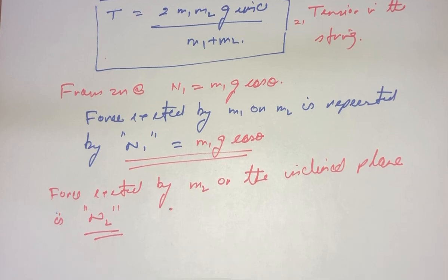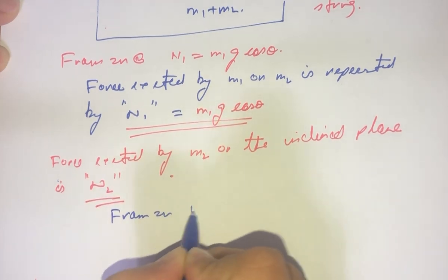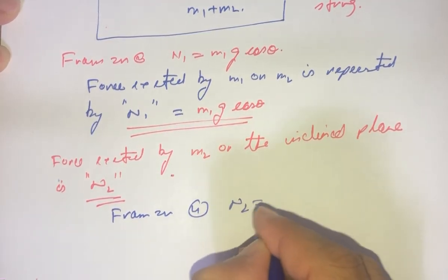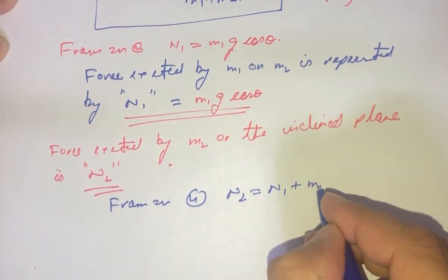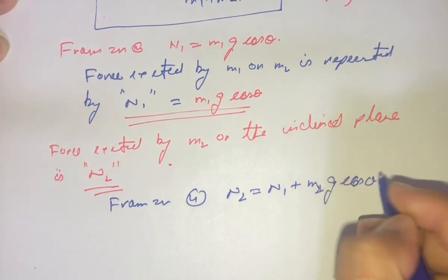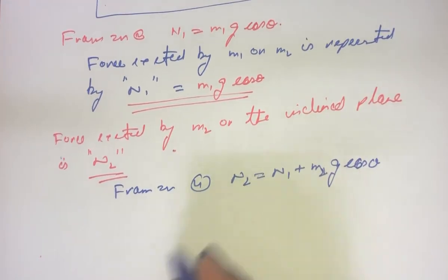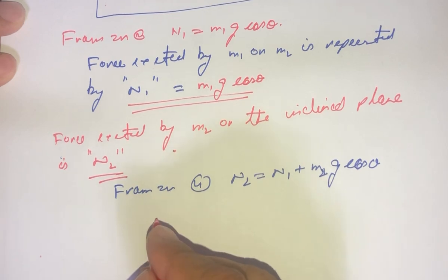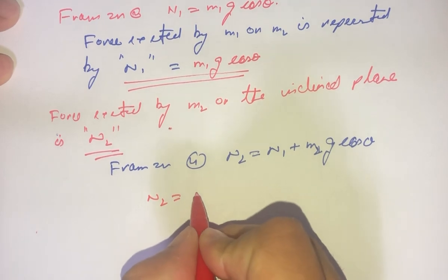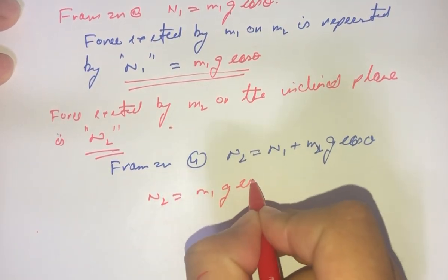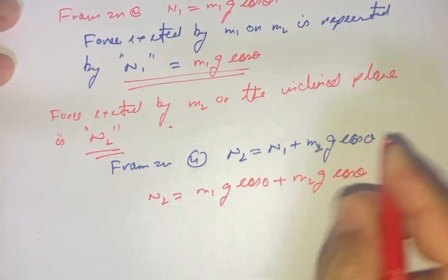We already know n2 from equation 4. From equation 4, n2 is equal to n1 plus m2 g cos of theta. n1 we already know is m1 g cos of theta. So substituting the value of n1, n2 is equal to m1 g cos of theta plus m2 g cos of theta.